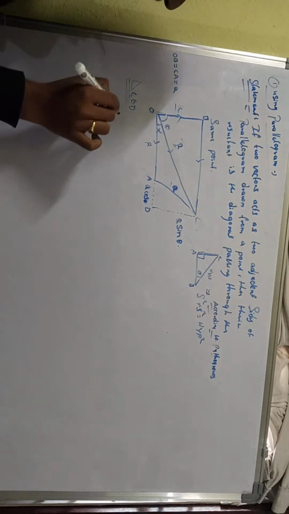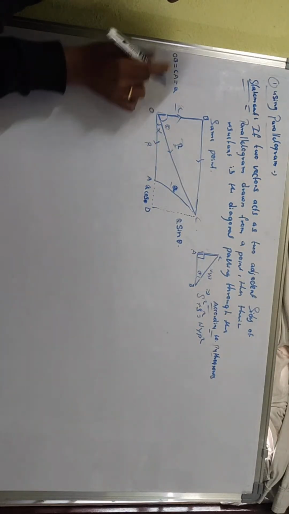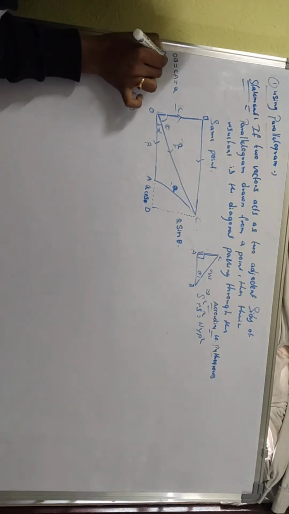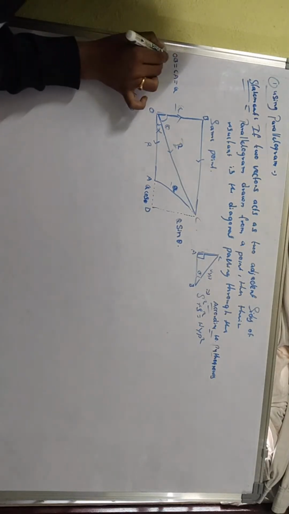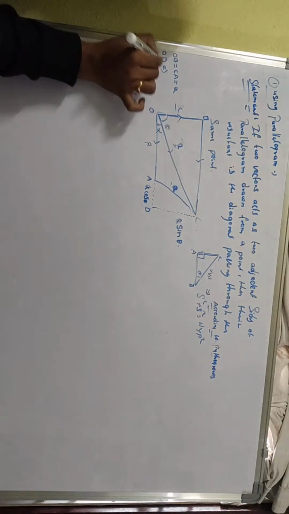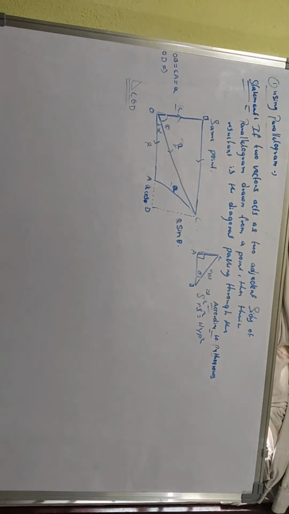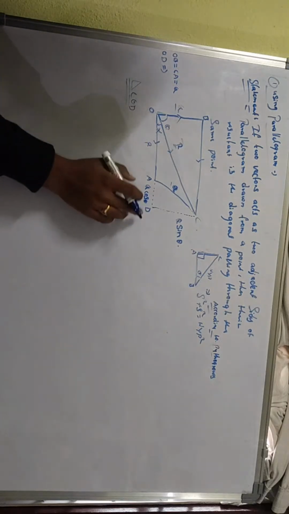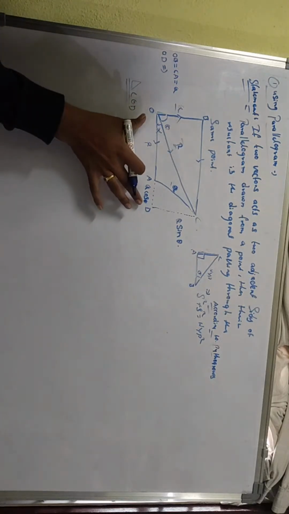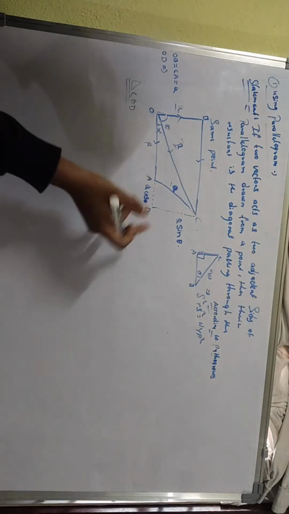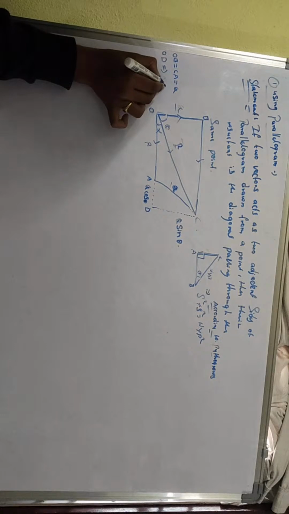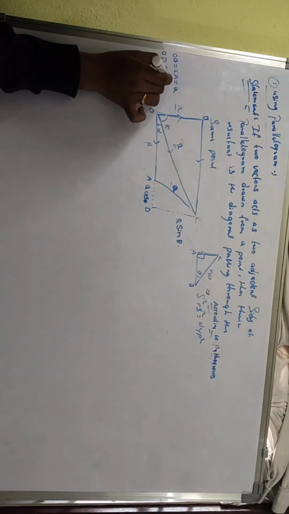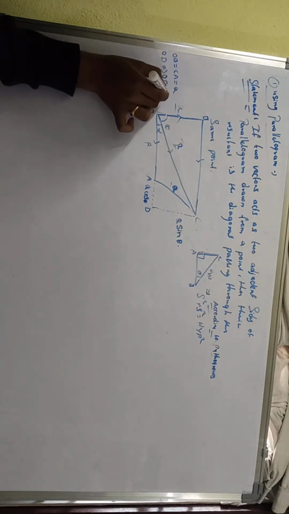We replace with the Q, and OA is equal to P. OD is equal to OA plus AD.